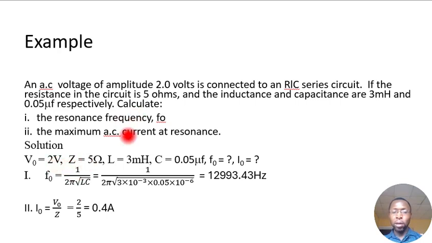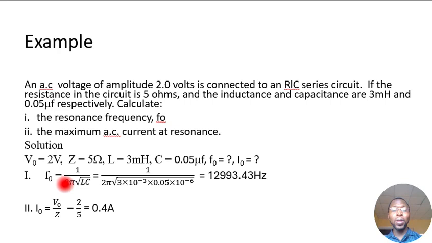So peak voltage is 2 volts. Then the resistance is given to be 5 ohms, as you can see here. That's the resistance of the circuit. Then the inductance is 3 millihenry, capacitance is 0.05 microfarad. We have to find the resonance frequency, and we also have to look for the maximum current, or the peak current, or the amplitude of the current. So resonance frequency is this formula.